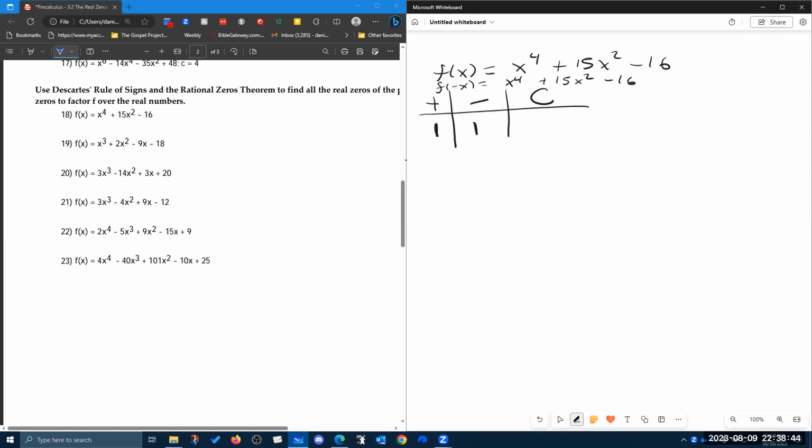I need my rows to always add up to give me my degree. Since I only have 2 right now, there needs to be an even number always in column C, and there is: 2 plus 1 gives me a degree of 4.